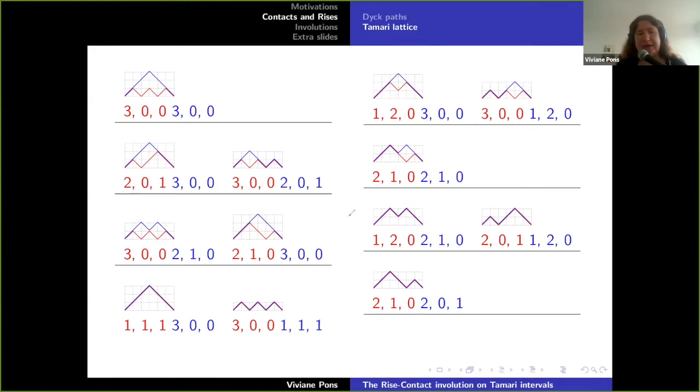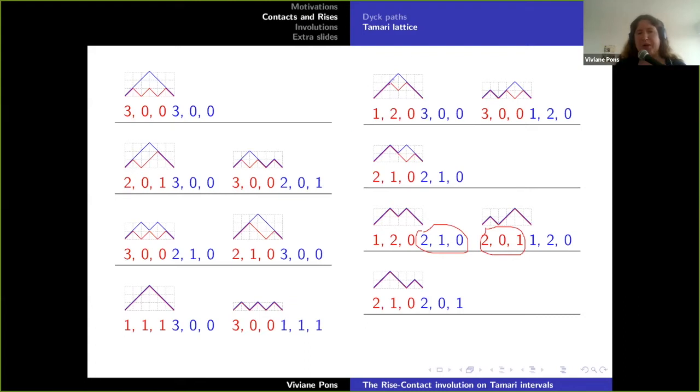So for example, 2, 1, 0 is the rise vector, and it's going to 2, 0, 1. This is one example we had earlier with elements.